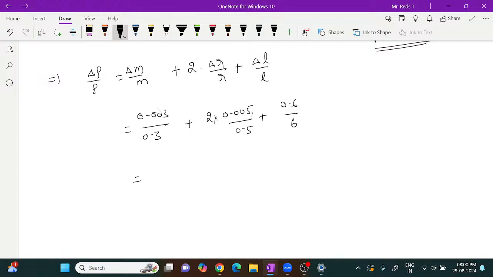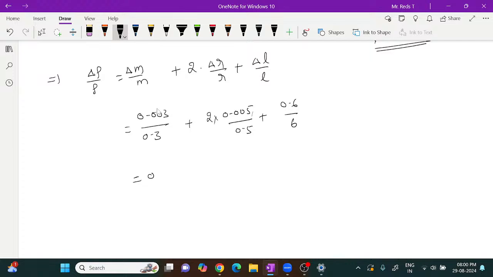On simplifying further, depending on the requirement you can simplify it by multiplying 10 by 10 for this term.